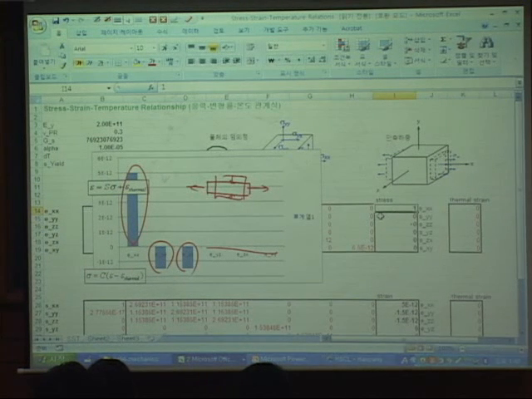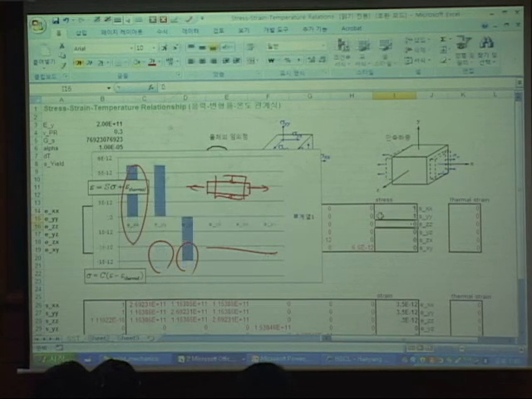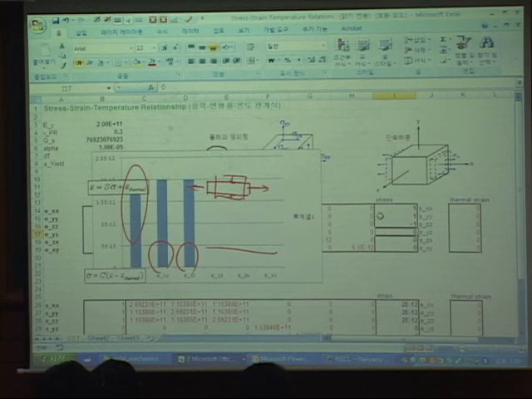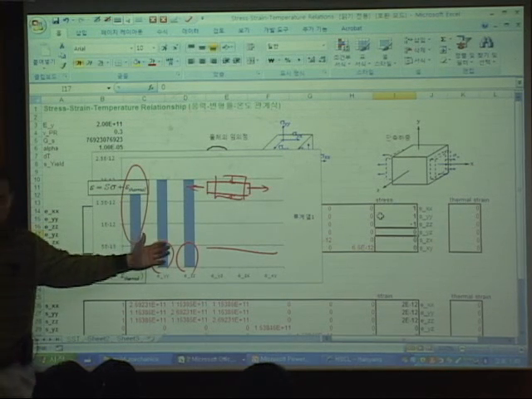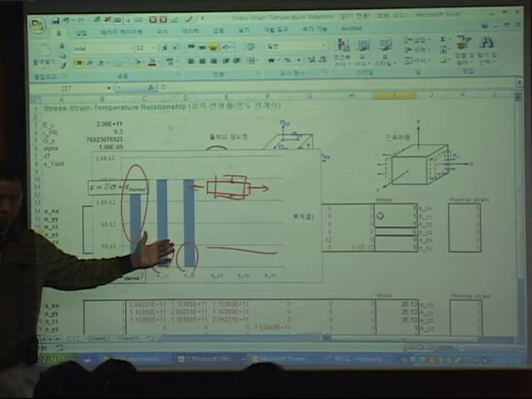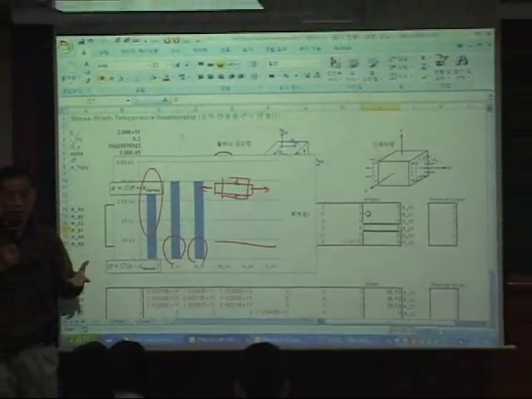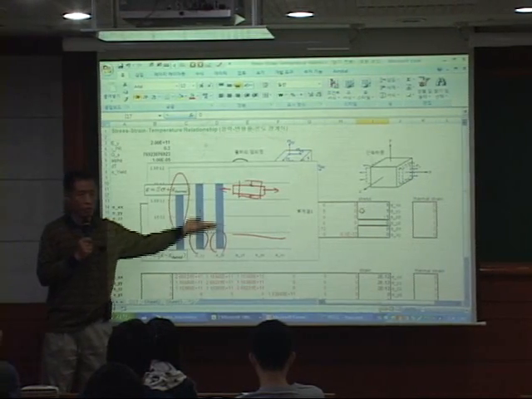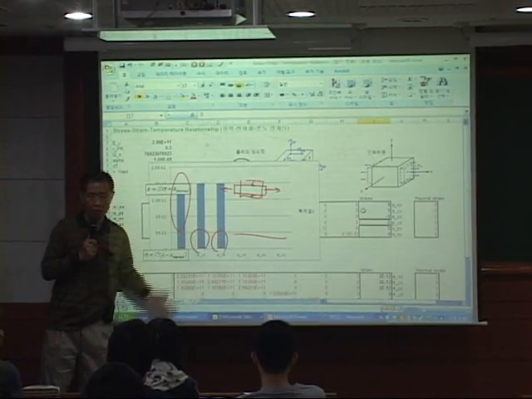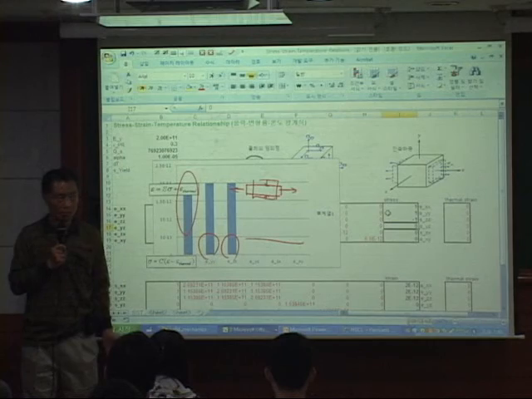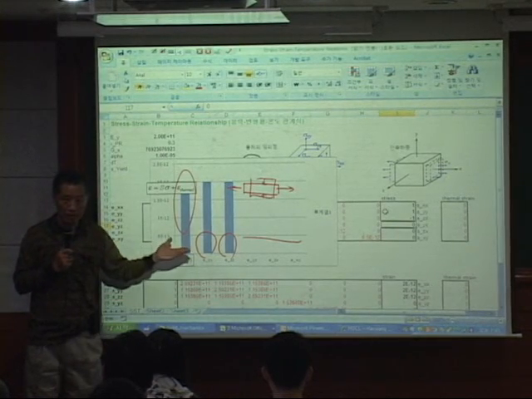Well, material will not fail. I know it is a failure criterion. All these 3-directional strains will be the same, right? Because x, y, z, they are all the same stress and strain will be the same, and there will be no shear strain, right?